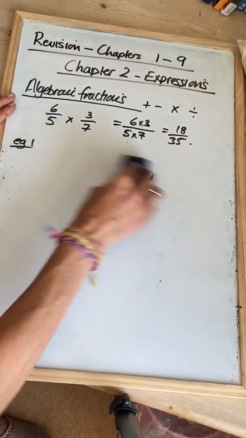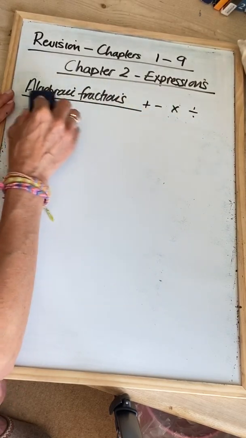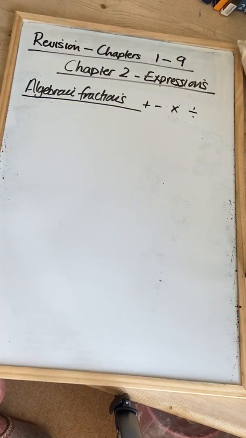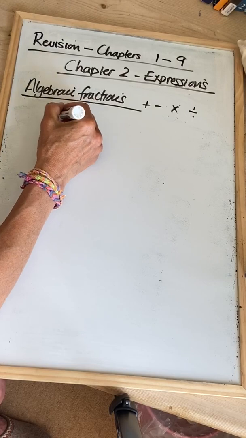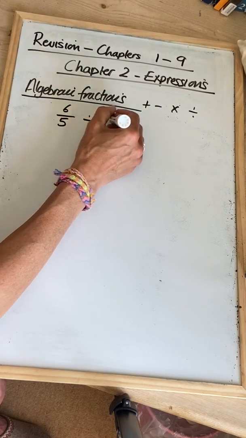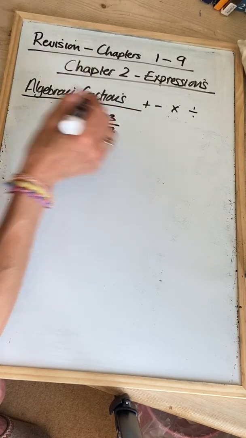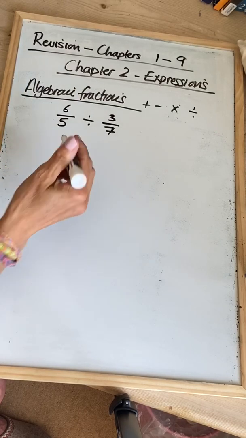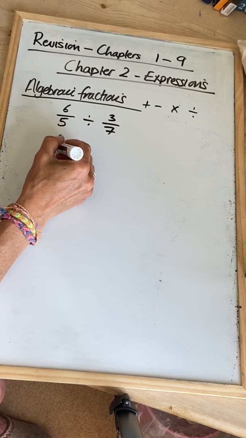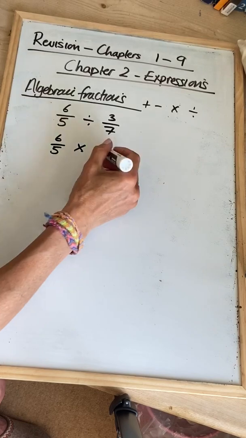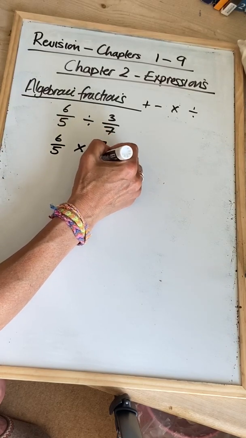Last thing, and this is the very last thing, dividing. So our rule for dividing normal fractions, if we were dividing 6/5 by 3/7, we would keep it, change it, flip it.